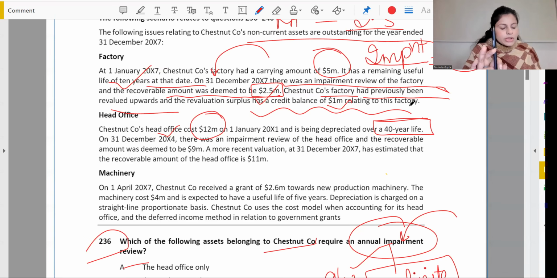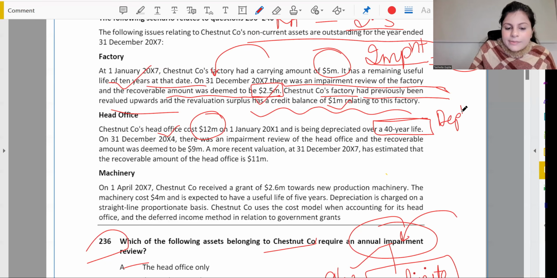So what is your annual depreciation? 12 million divided by 40. Come on, quickly. Yes, 300 is my annual depreciation. That's good.